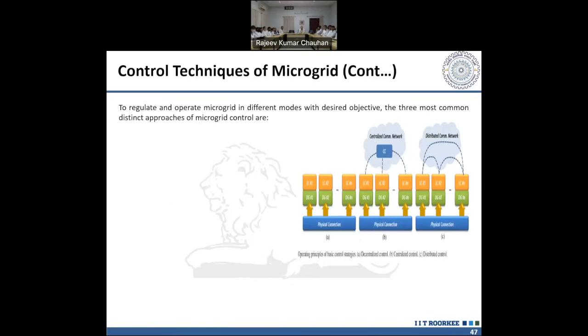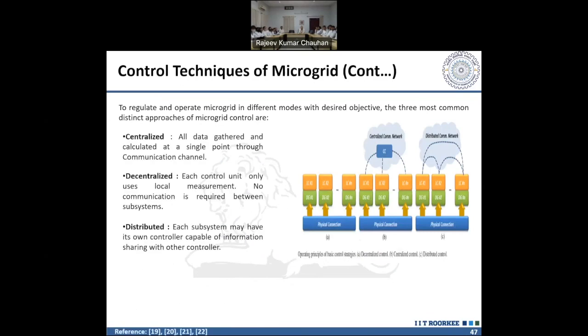The control techniques normally used in microgrid are centralized, decentralized and distributed. This is the centralized, this is the decentralized and this is your distributed.